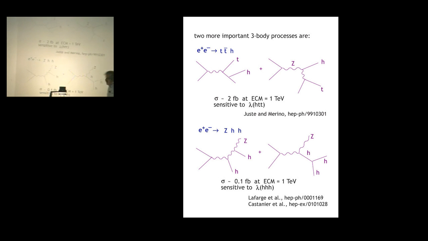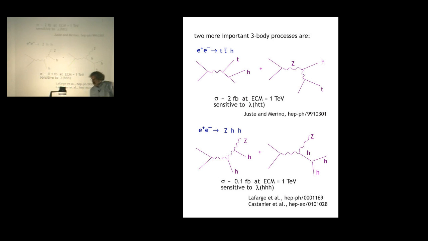There are two more important three-body processes which give you other handles on some of the Higgs couplings. e+ e- to t t-bar Higgs. This has a cross-section of about 2 femtobarns at a center of mass energy of 2 TeV. But if you really get a large event yield, 1,000 inverse femtobarns, let's say, you can do something with it to make a precision measurement of the Higgs top coupling.